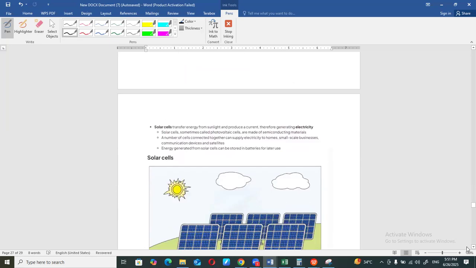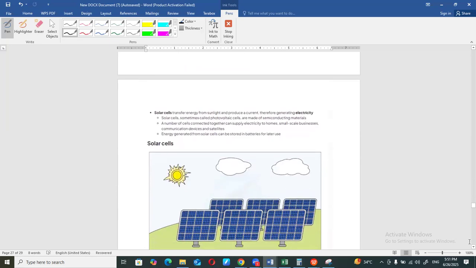The sunlight is falling on the solar cell and they store the energy within them. And you can use that energy for small scale businesses.